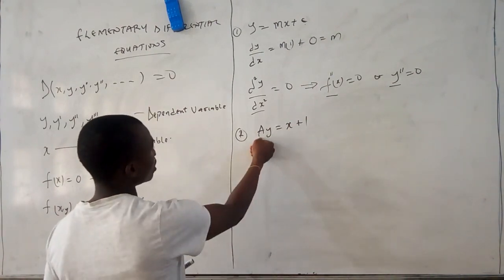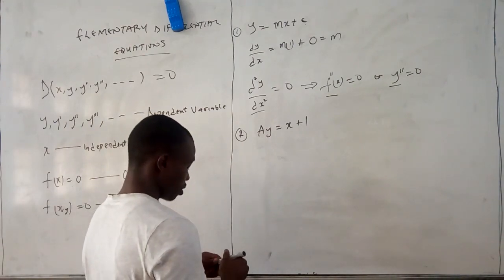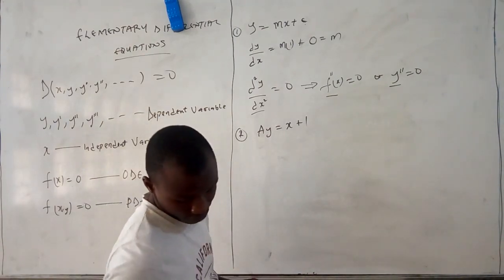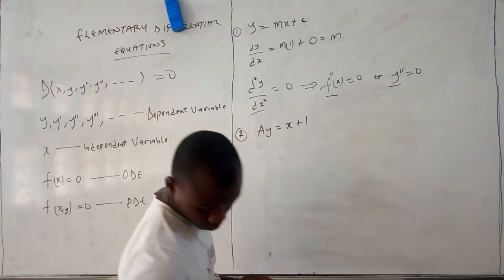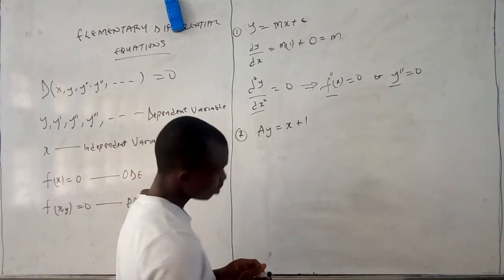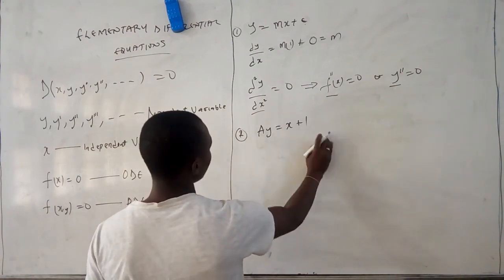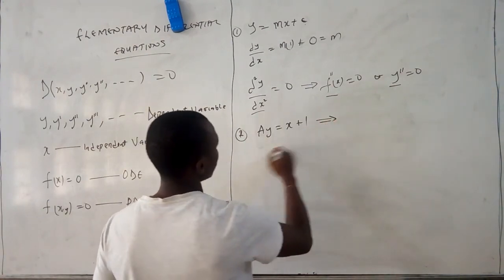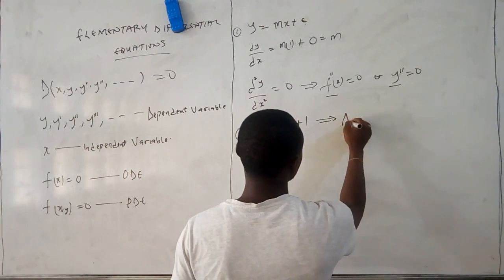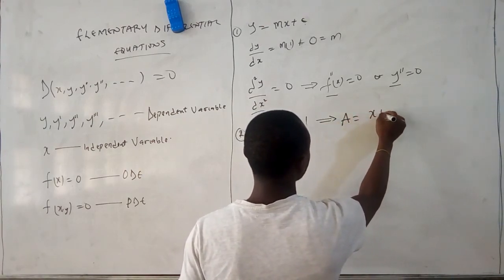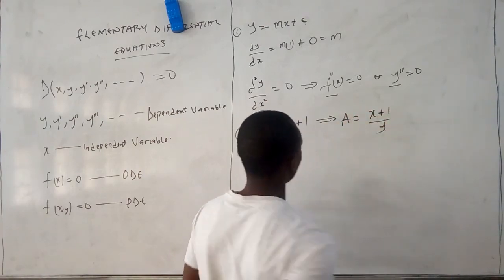So we have a constant a. You now take the first derivative. Make a the subject of the formula first. a is equal to x plus 1 over y.